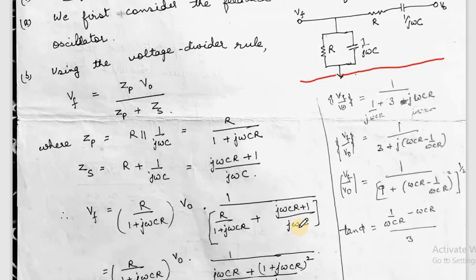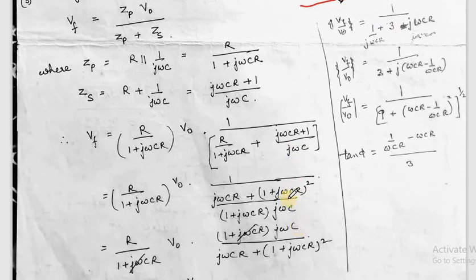Now we'll simplify it. For simplification, we'll take LCM of these two terms and write it in this manner: j omega cr upon 1 plus j omega cr whole square, whole upon 1 plus j omega cr into j omega c. Because this is in the denominator, we'll invert it.